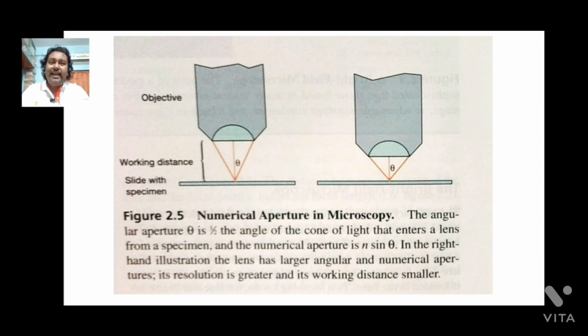It fills the gap, cuts the chances of refraction, as well as lowers the chances of mechanical friction. For that reason, along with the 100x objective, immersion oil is used. But in the case of 4x, 10x or 40x, immersion oil is not used.